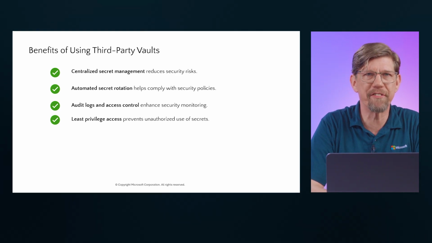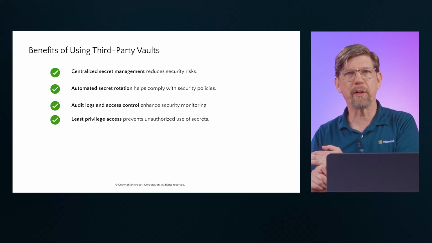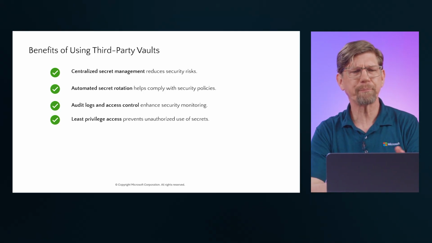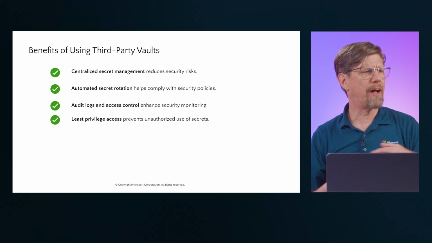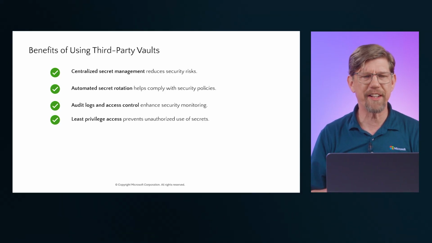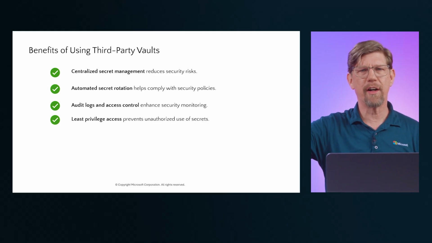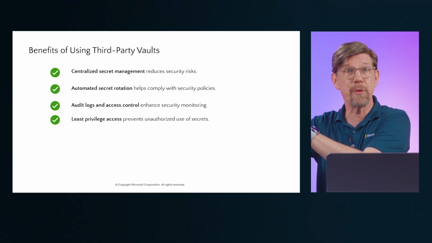There's a number of benefits to having these third-party vaults. So keeping them much more centralized instead of spreading them out from resource into pipeline. Many of those tools will have automatic secret rotation capabilities where we don't have that inside of GitHub. Having a single source of those secrets means that we have one place to look to see who got access to them.